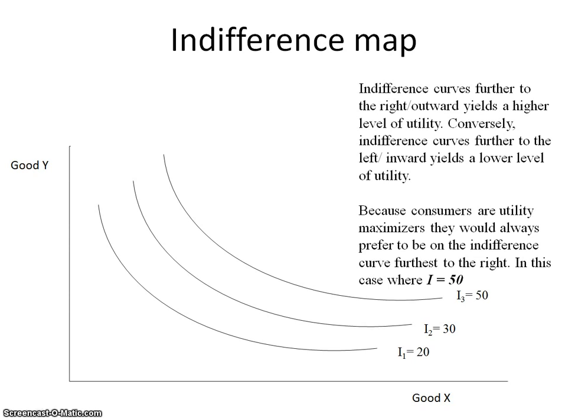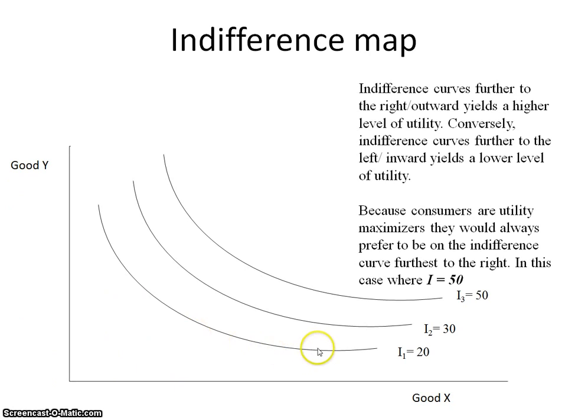Every consumer has an indifference map, and an indifference map shows different indifference curves, or it simply illustrates several indifference curves. What it means, therefore, is that a consumer would desire to be on the highest possible indifference curve that they can attain.